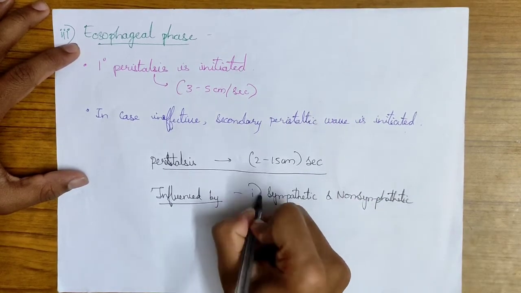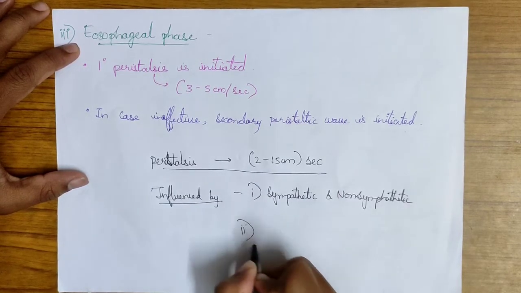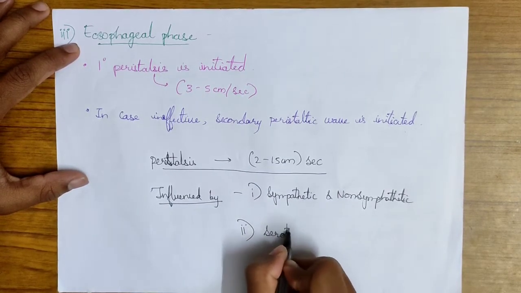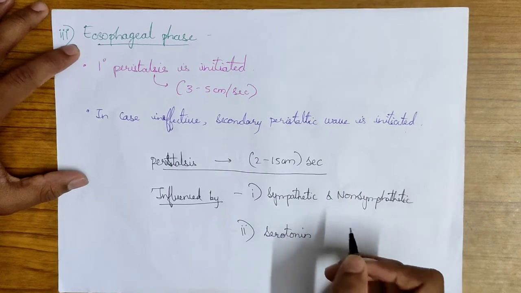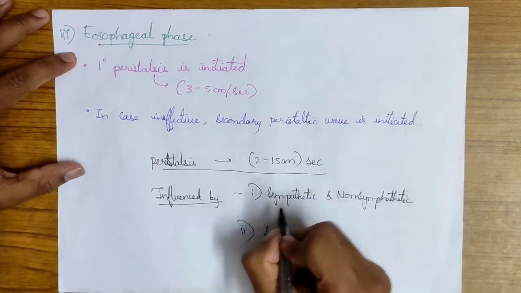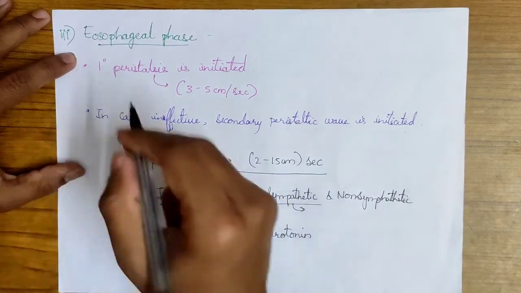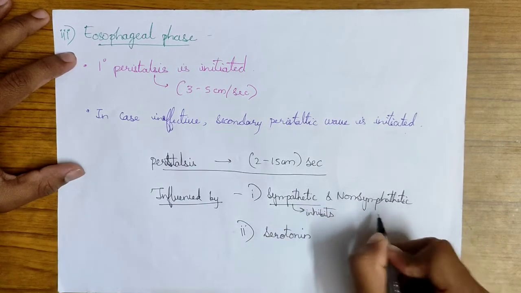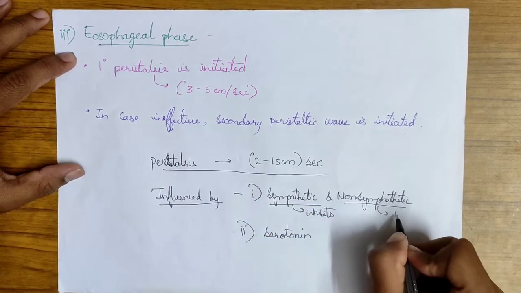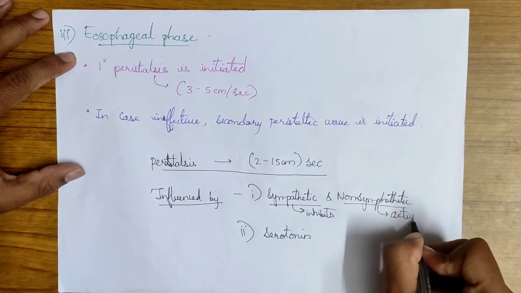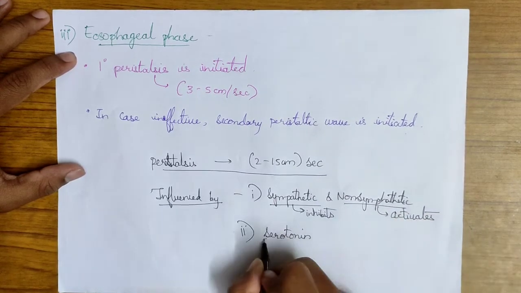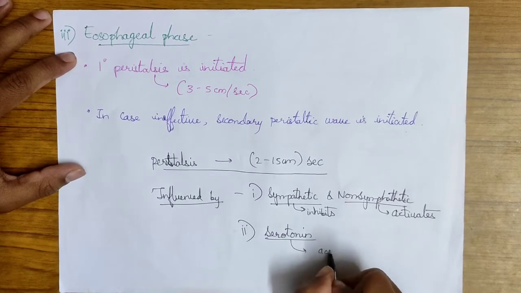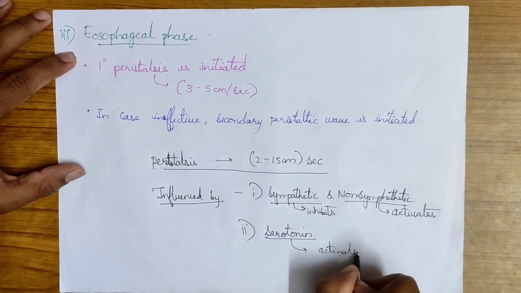This is the first one, and it is also influenced by serotonin like hormones. So the sympathetic system inhibits the peristalsis process, whereas the non-sympathetic activates the peristalsis process, and the serotonin also activates the peristalsis process.